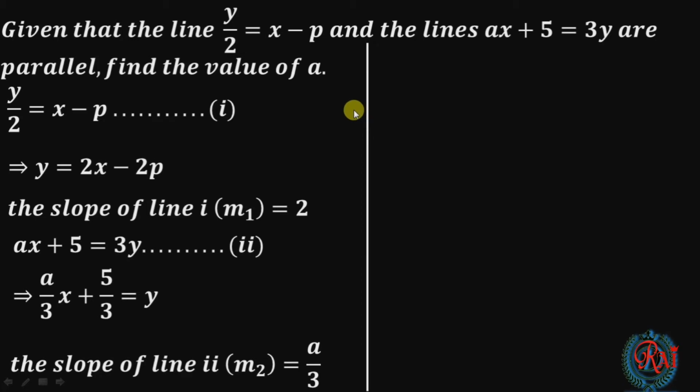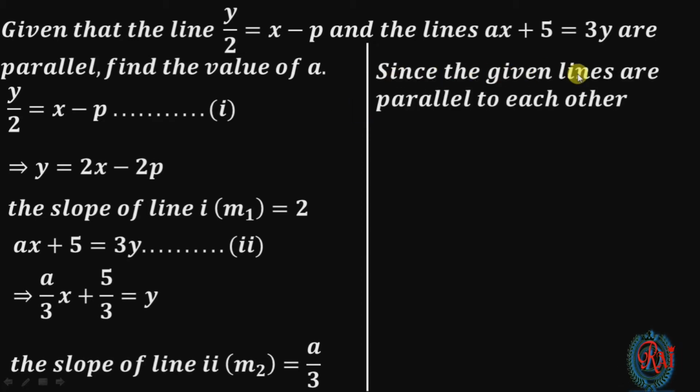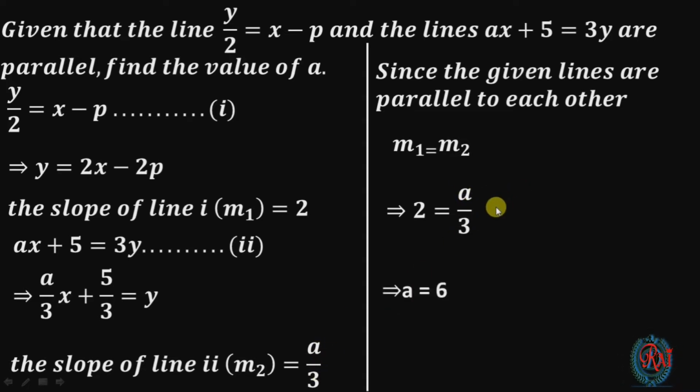According to the problem, our given lines are parallel to each other, therefore m1 is equal to m2. Instead of m1 I'll write 2, and instead of m2 I'll write a by 3. So by cross multiplication, a is equal to 2 into 3 is equal to 6. The value of a is equal to 6.